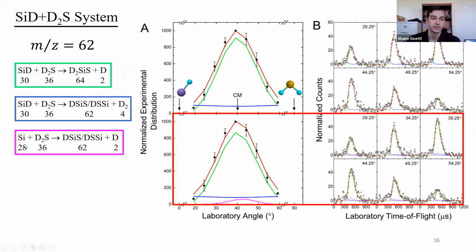However, even though this silicon plus D2S reaction is expected, it was calculated to have a maximum contribution of only about 3%. So from this, we can say that we do have the DSiS or DSSi D2 loss channel and also fragmentation from the D loss channel.